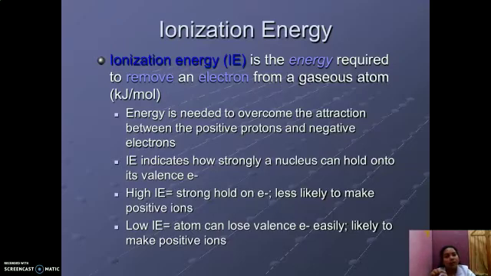So there is a nuclear attraction, because the nucleus contains positive charge and electrons have negative charge. So positive and negative always attract. So it is the minimum amount of energy required to break the attraction between the nucleus and the valence electron.